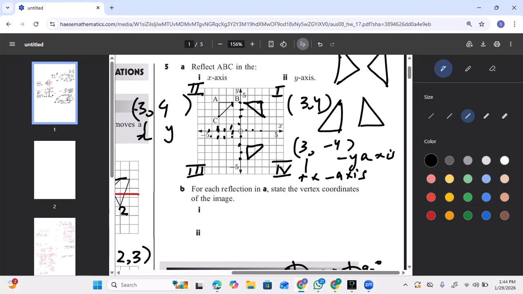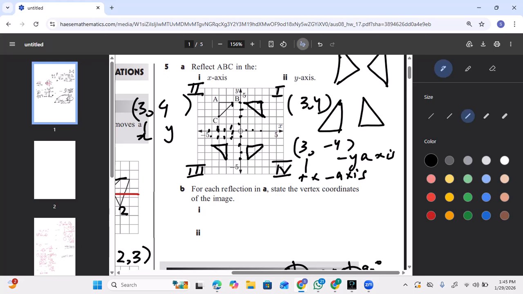And if it replicates in the third quadrant, it would be like this. Again, we have to pick 3 from here and 4 from here. So it would be like this.